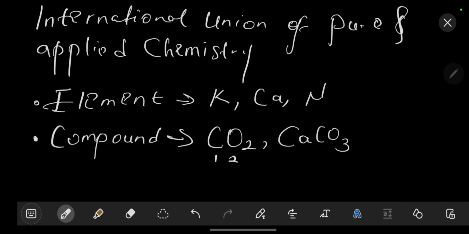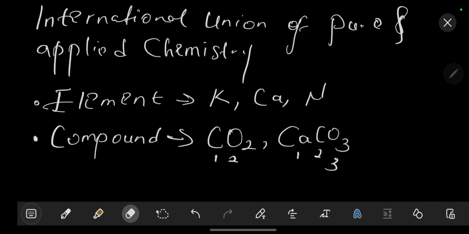Why? Because we have at least 2 elements here. Insofar as a substance is made of at least 2 elements, it cannot be called an element. It becomes a compound. For CO2, those are 2 elements, carbon and oxygen. In the second example, we have 3 elements: calcium, carbon, and oxygen. So these are examples of compounds.